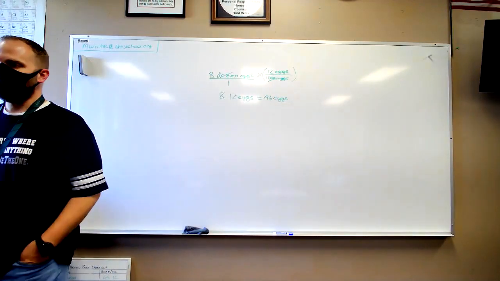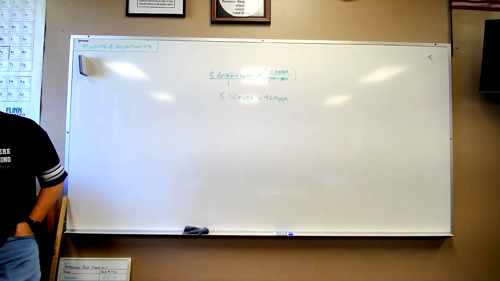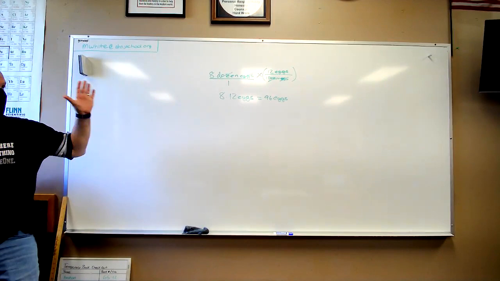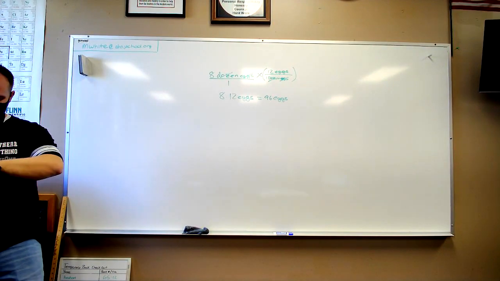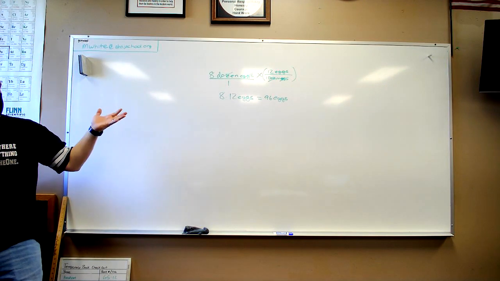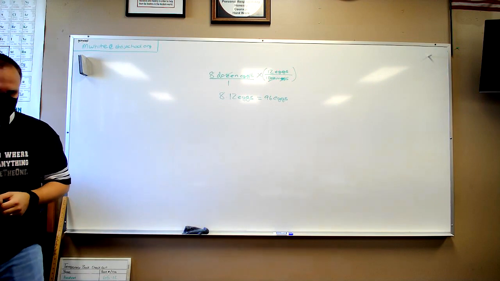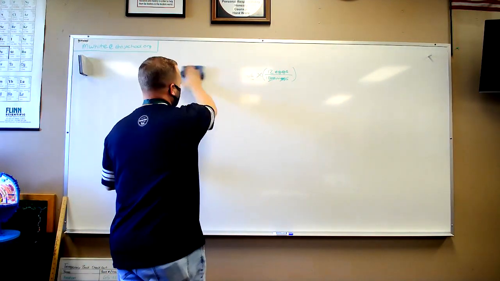So if you understand all that, you understand this unit. And all we have to do is apply it to the mole. So let's actually apply it to the mole.